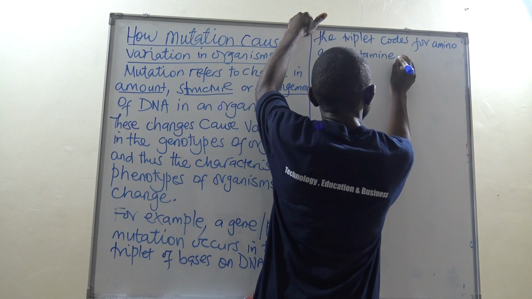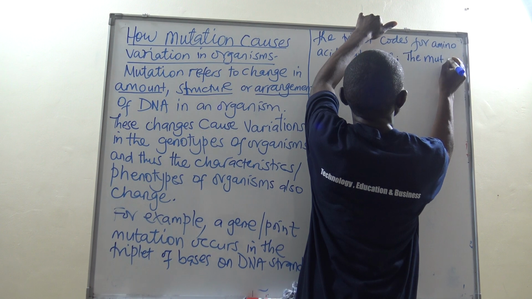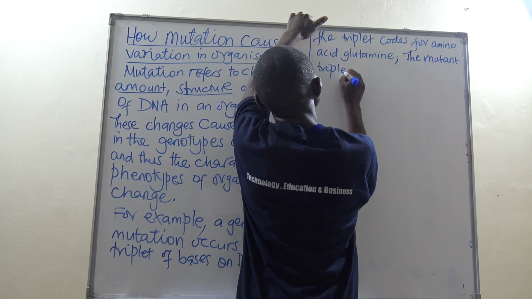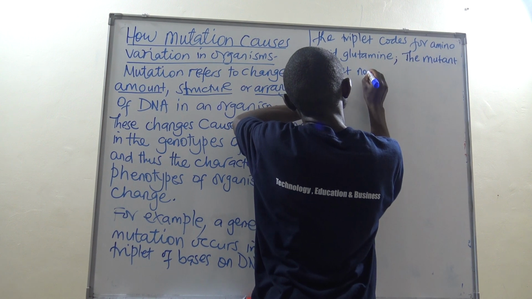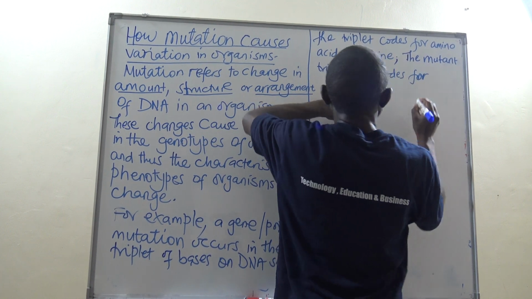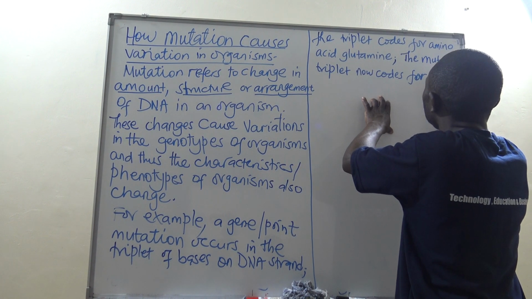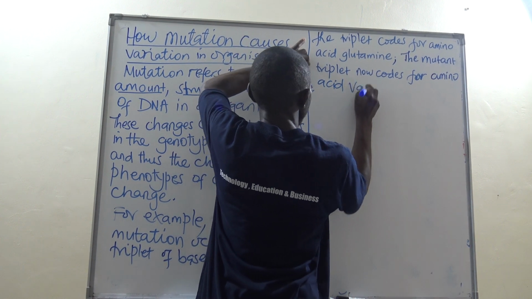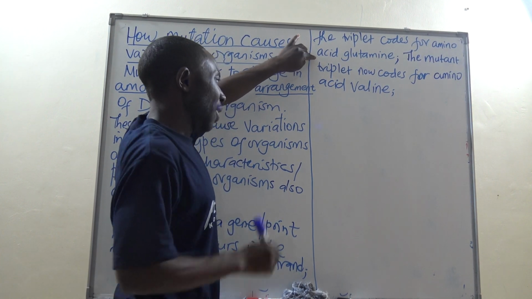So what happens is that the mutant triplet now codes for amino acid valine.